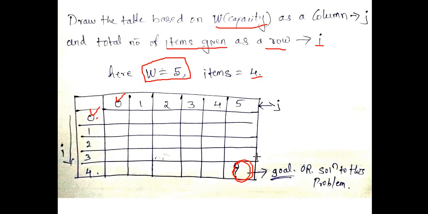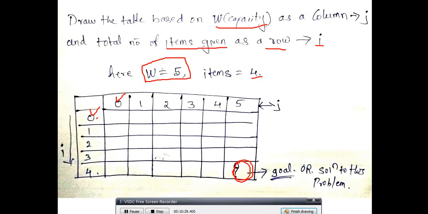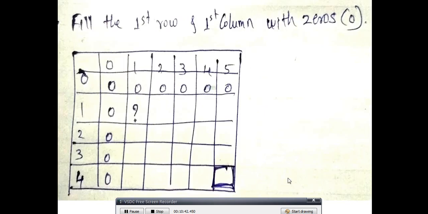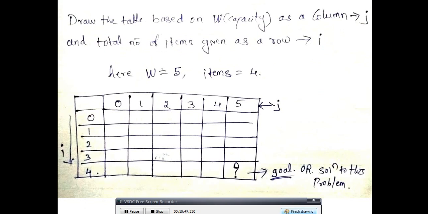I repeat, draw the table based on capacity as a column.